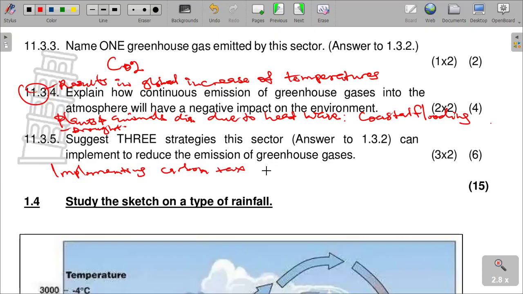This is carbon tax to industries and companies involved in manufacturing.